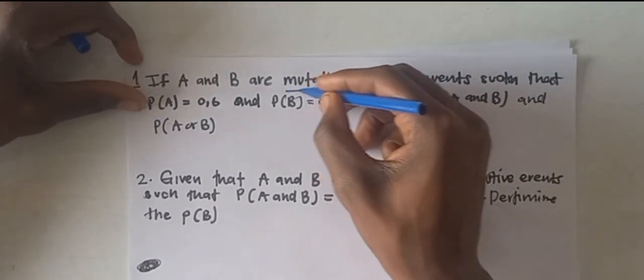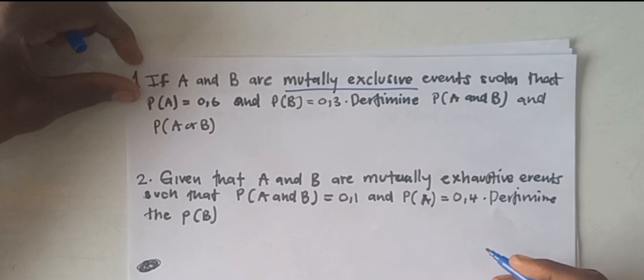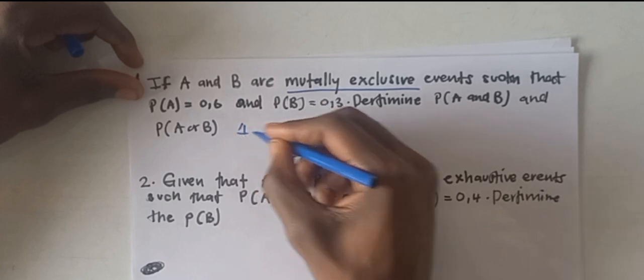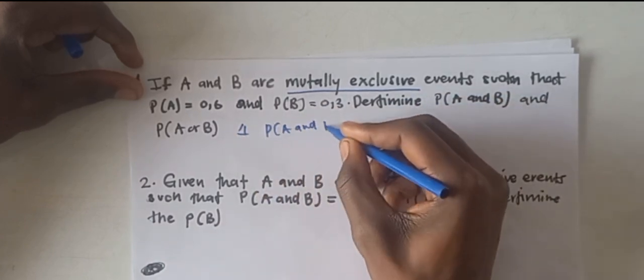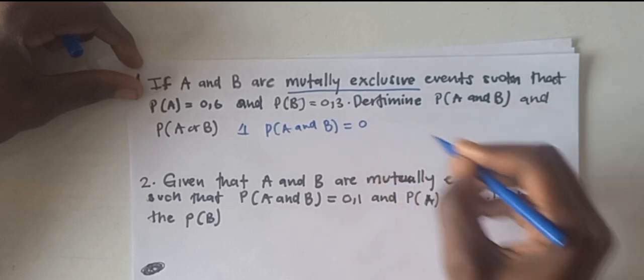What do we know when they say that the events are mutually exclusive? We know that the probability of A and B has to be equal to 0. So the first one, the probability of A and B, is equal to 0.